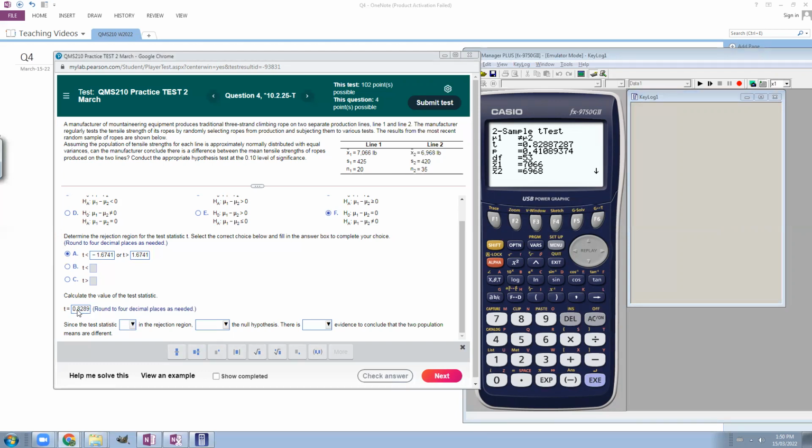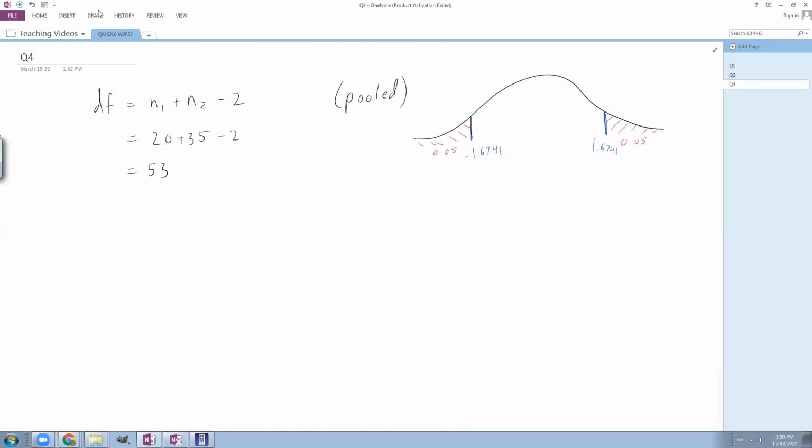Now this test statistic, where does this fall? Looking at our picture, where does 0.8289 fall? Well, that's going to fall somewhere around here. It's between the negative 1.6741 and the positive 1.6741. So it's not in the red highlighted rejection region.